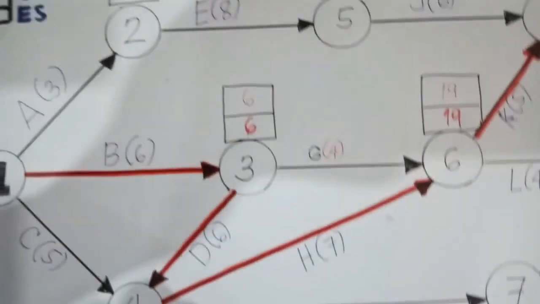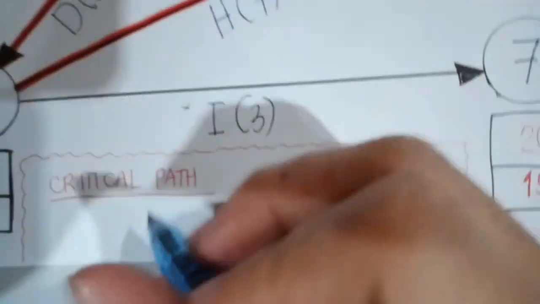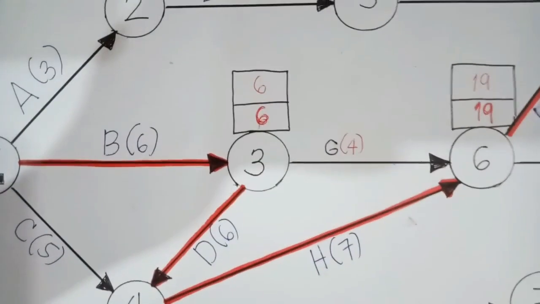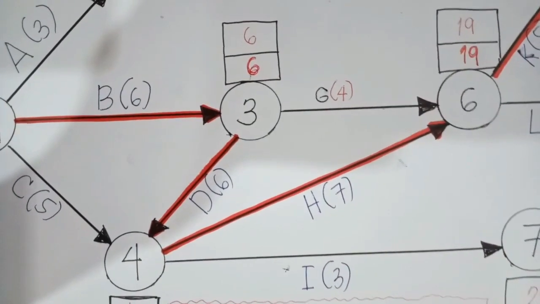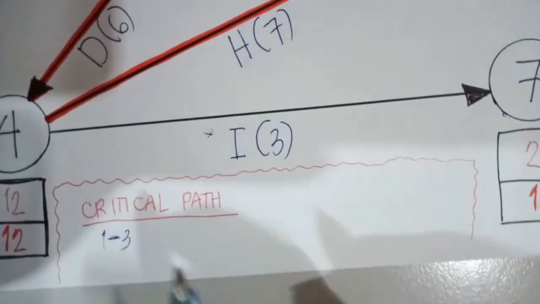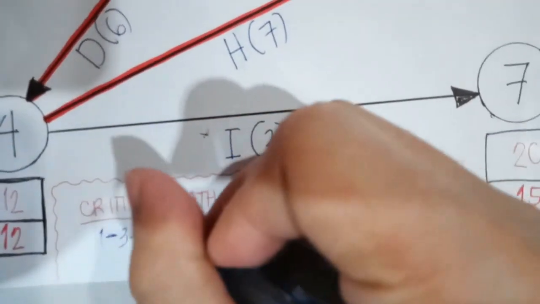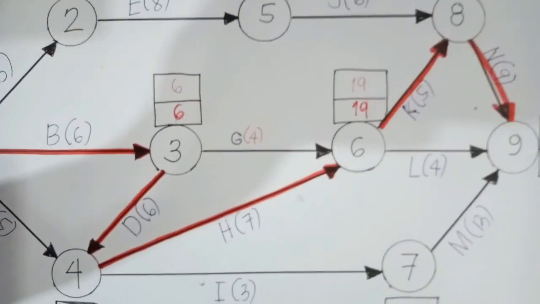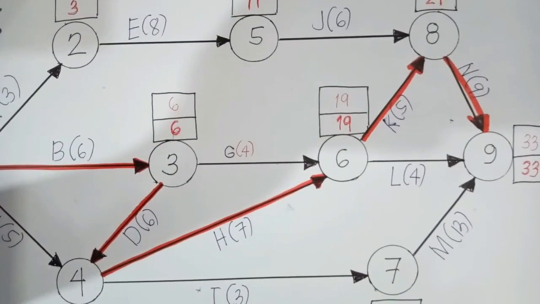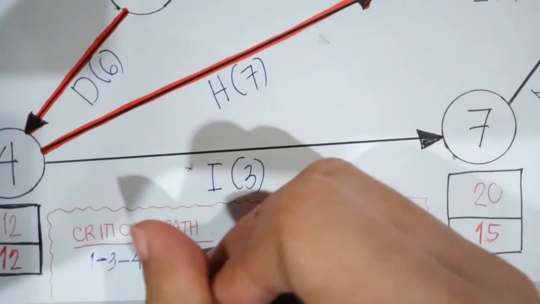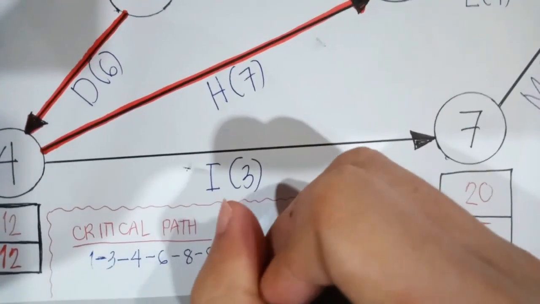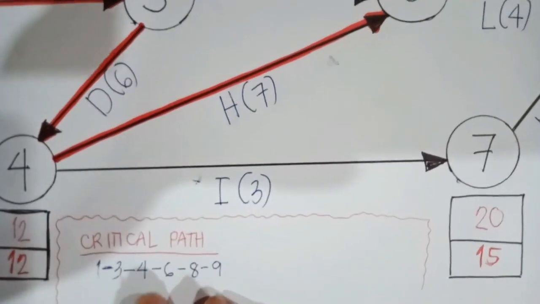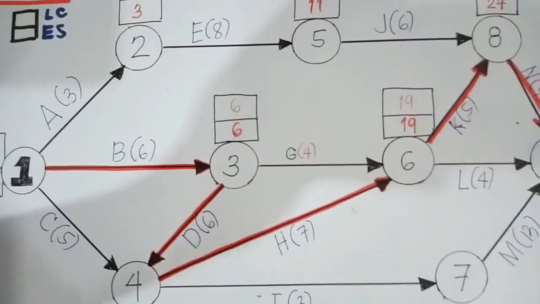So again, we have 1, 3, 4, 6, and then 8, 9. So we will indicate which activities these are.